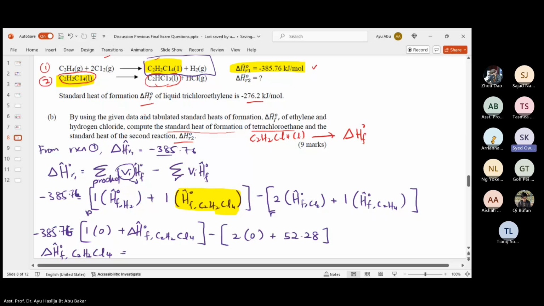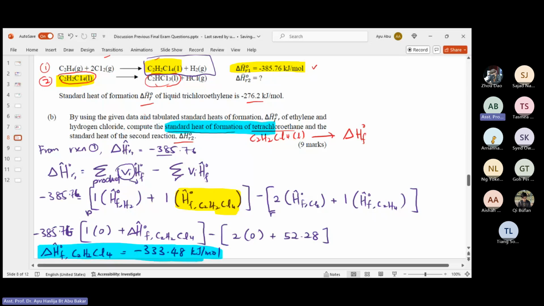Minus 333.48. Yes, minus 333.48 kilojoule per mole. Okay, that is the first part, heat of formation of tetrachloroethane.